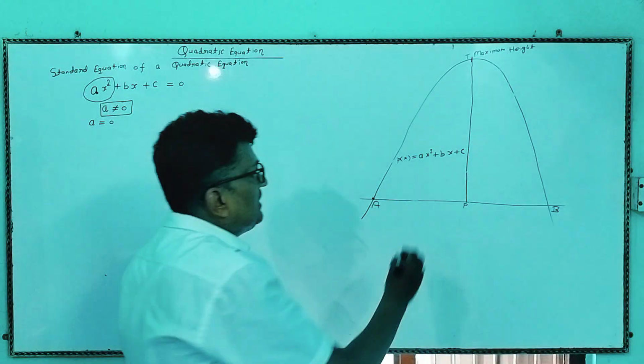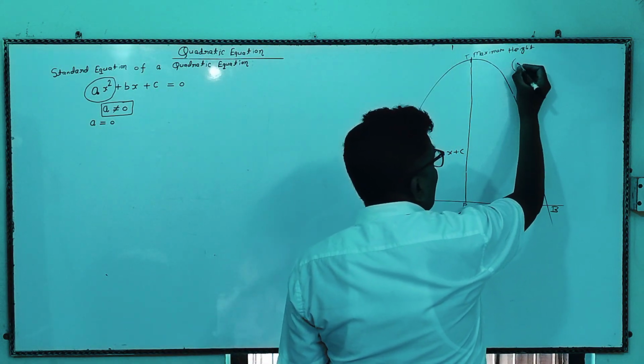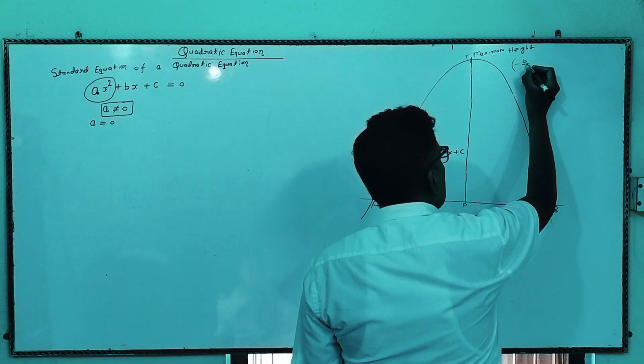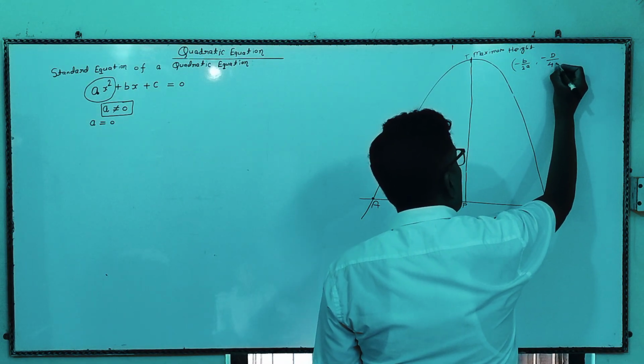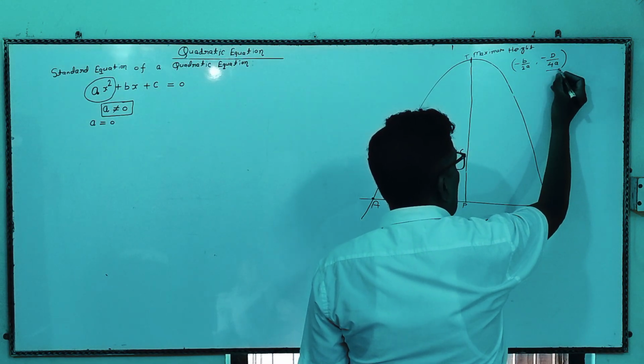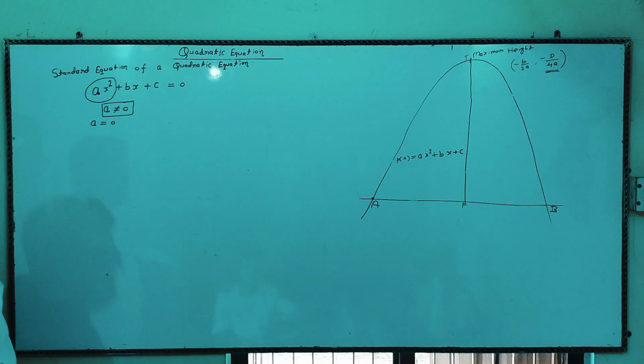You can find this height with the coordinates. The coordinates of P will be minus b by 2a and minus d by 4a. So minus d by 4a is equal to the height of this parabolic path.